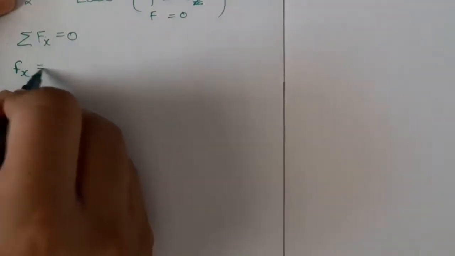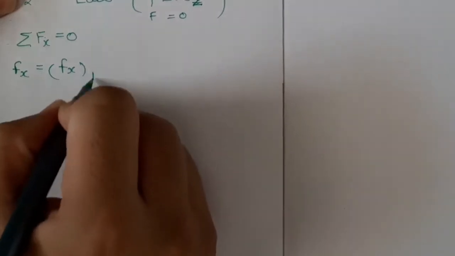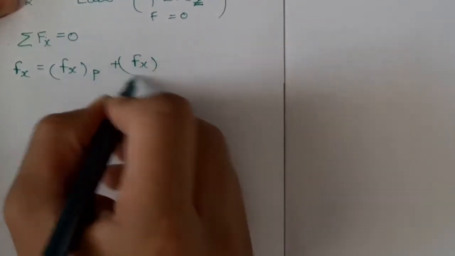So now we have equation 2 as ΣFx = Fxp + Fxv.